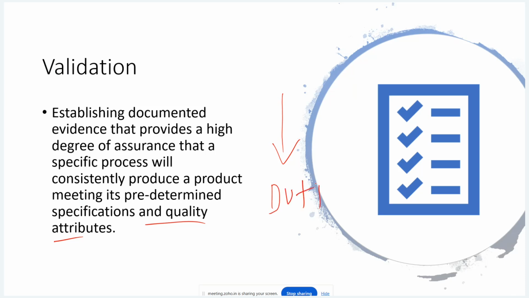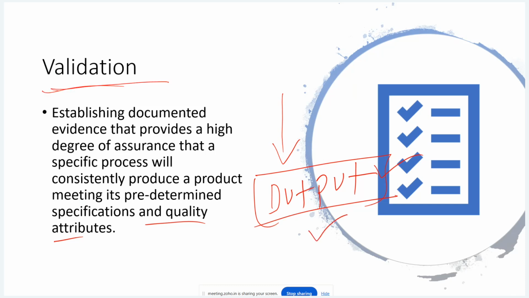Not only one time, again and again we want to achieve the same output. If you are able to achieve the same output again and again, your process is validated. So by doing the validation, we are trying to achieve a consistent output again and again.